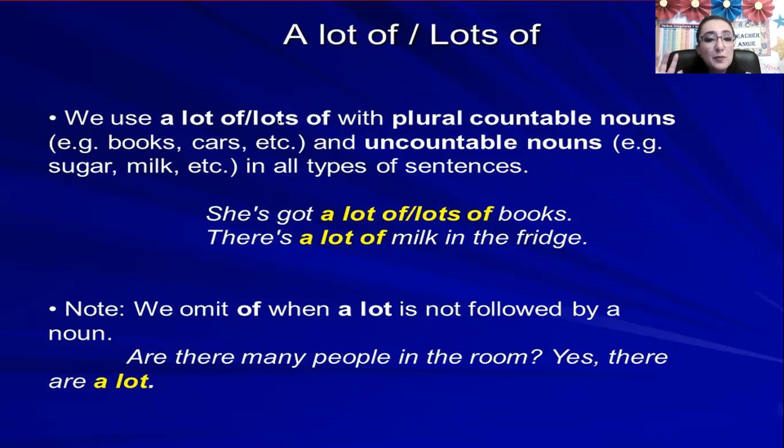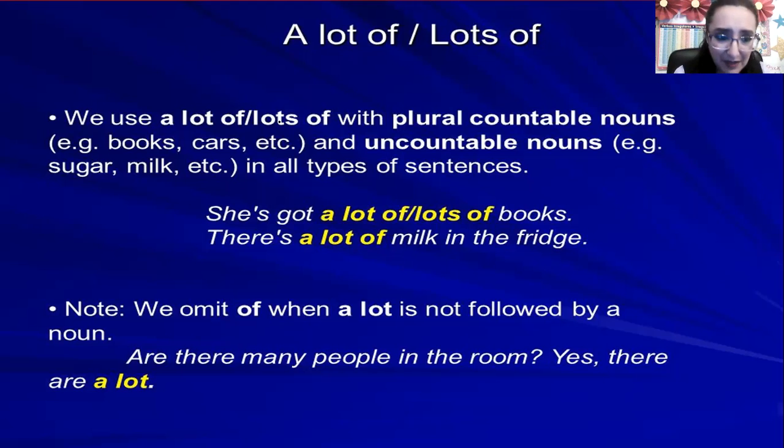We are going to be omitting of when a lot of is not followed by a noun. Okay, a lot of or lots of when you have a noun or an object after these words. But if you are not going to be having an object after these words, you don't need to use of.